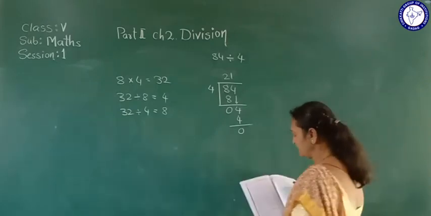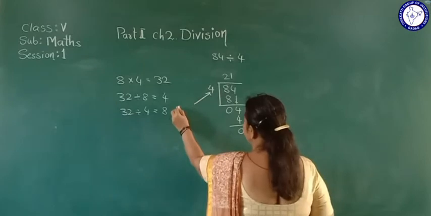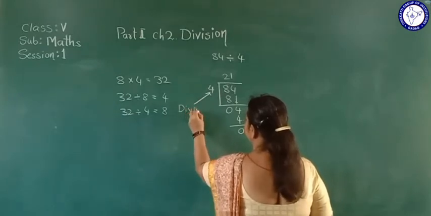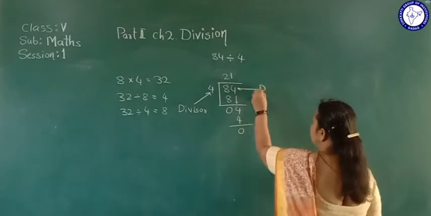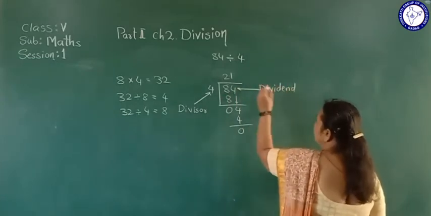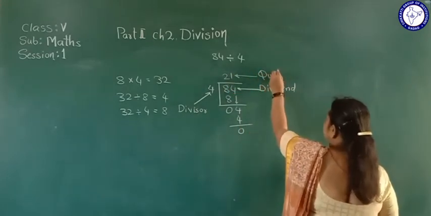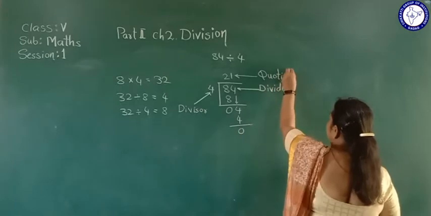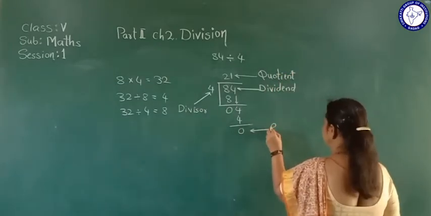This 4 is called the divisor. This number is called the dividend. This number is called the quotient. And this number is the remainder.